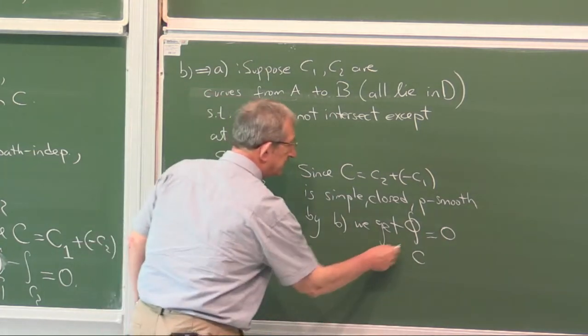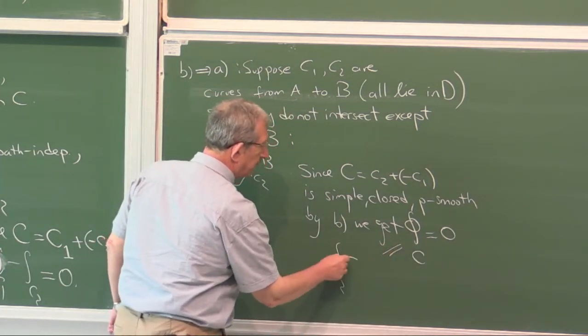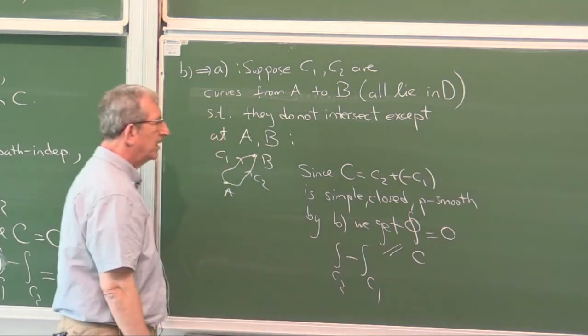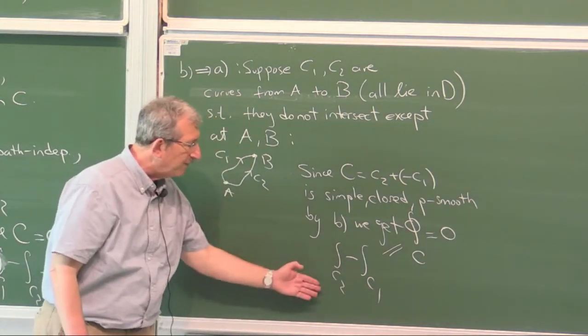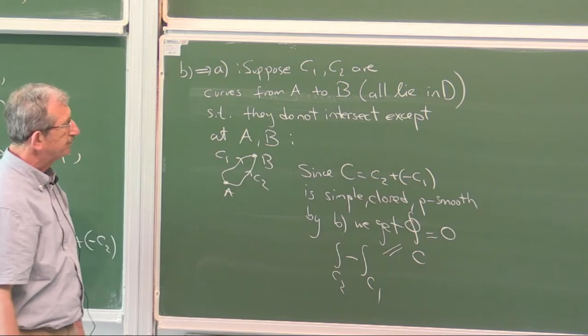But this means the integral over C2 minus the integral over C1, so we have equality of the two integrals.